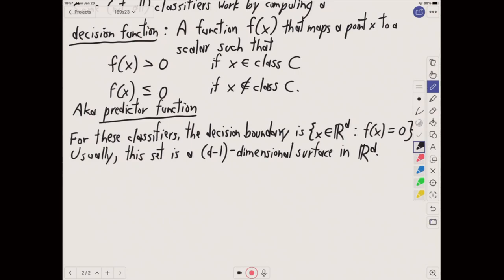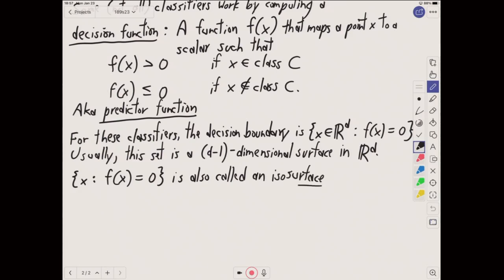I'll show you a few visual examples in a minute, but before I do, let me point out that this set of points where f is 0 has some other terminology that sometimes you'll hear. This set of points is called an isosurface of the function f, for a specific iso value, namely 0.